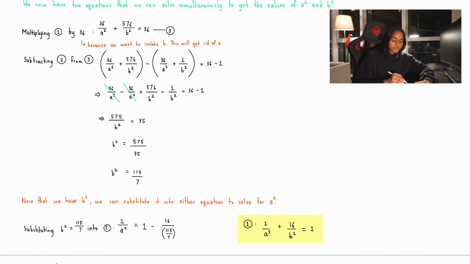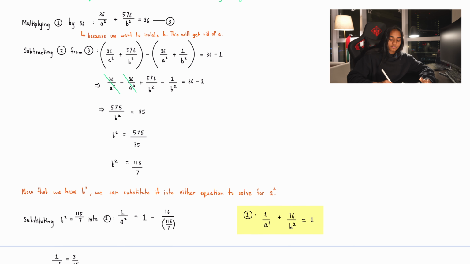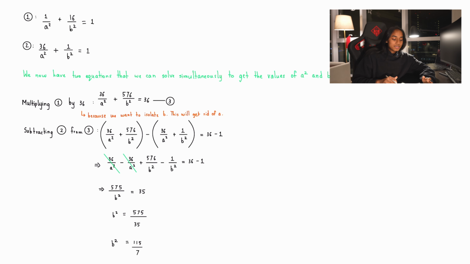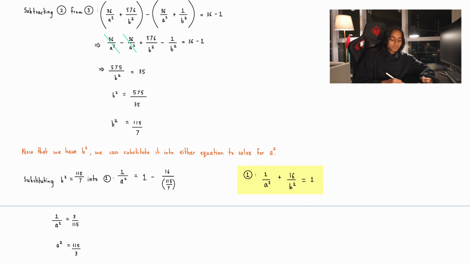So now that we have b squared, we can substitute it into either equation, which is this one or this one, to solve for a squared. Of course, always choose the simpler equation to substitute into. In this case, it looks like either one, so it doesn't matter. So let's just choose number 1.